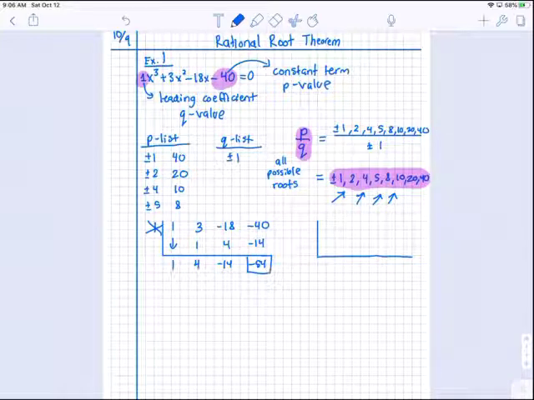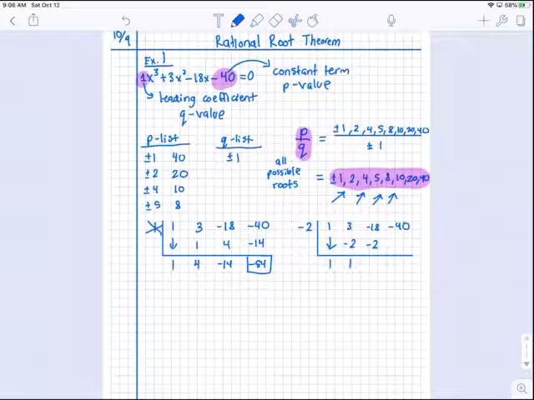1, 3, negative 18, negative 40. So I'm just picking a random one, but I feel good that negative 2 will be a root. So let's see. Drop the 1. Negative 2 times 1 is negative 2. We add, which we get 1. Negative 2 times 1 will give us negative 2.